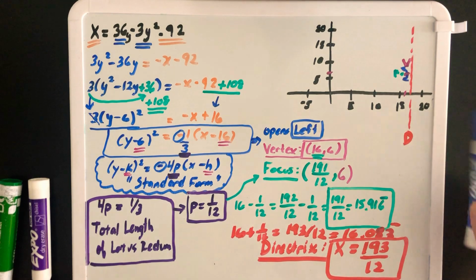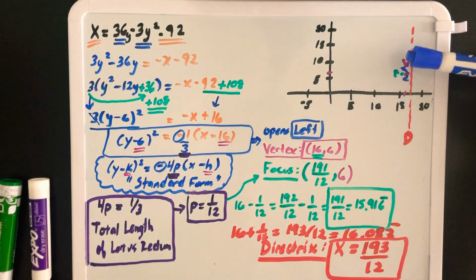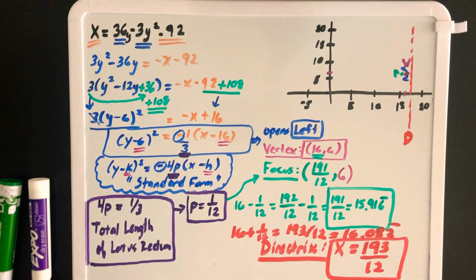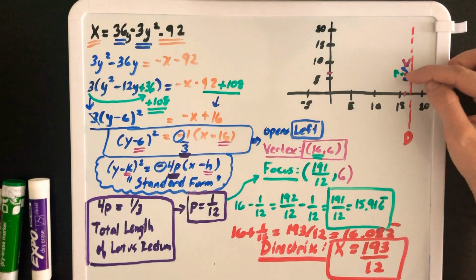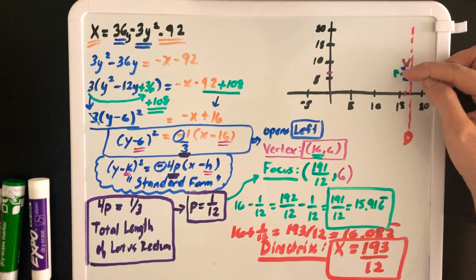Now, where are those points typically? Those are points which are parallel to the directrix and on the line segment that cuts through the focus and is still on your parabola. So what we have to notice is if we have 4p, it's our total length of our latus rectum, it's 1/3. So instead of going up a full 1/3, I need to recognize that the total is 1/3.